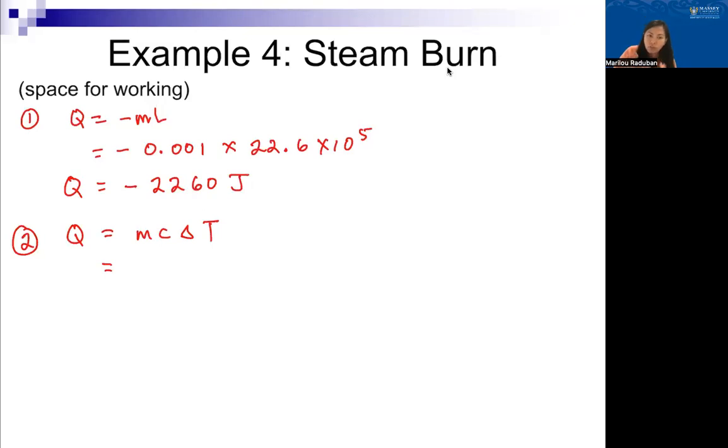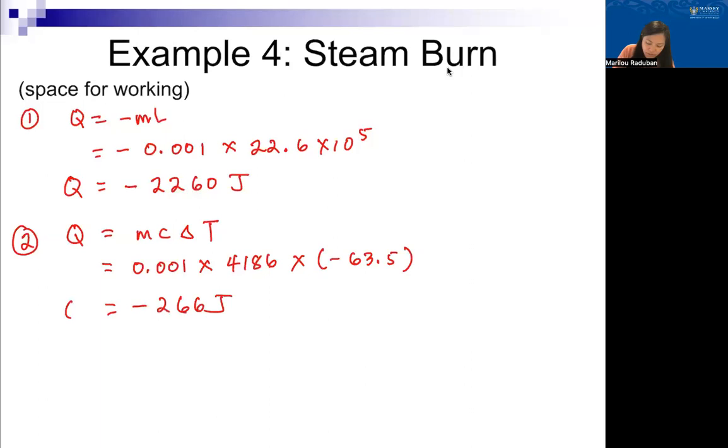The mass of the water that will cool down is 0.001 kilograms times the specific heat capacity of water, which was given in the problem to be 4186, times the change in temperature, which we calculated earlier, negative 63.5 Kelvin, or also negative 63.5 degrees Celsius. Carrying out the calculation gives you negative 266 joules as the energy released when cooling down.